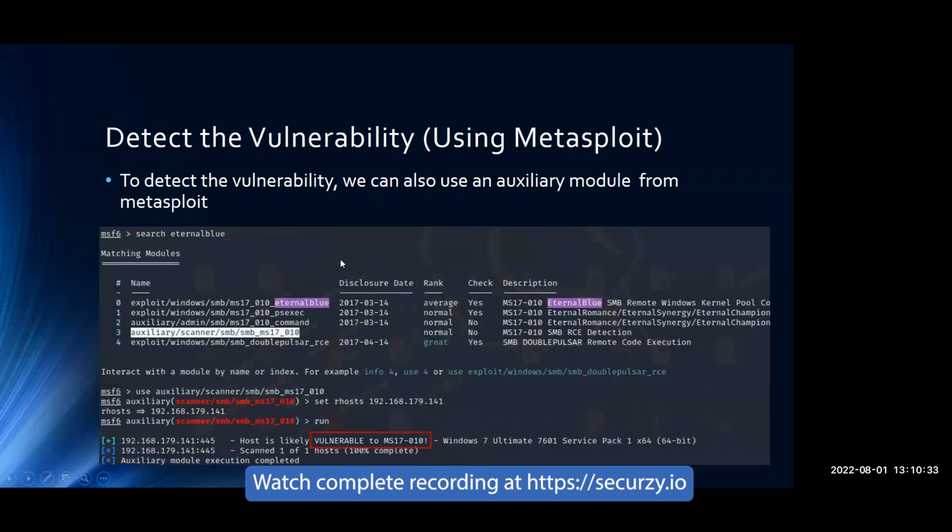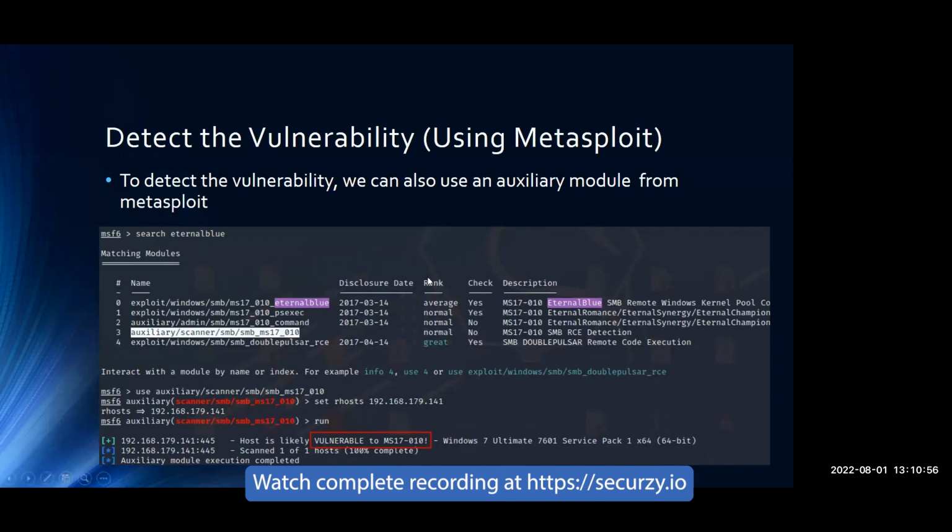We can also use Metasploit to detect whether a machine is vulnerable to EternalBlue or not. Metasploit is a framework that contains different exploits. You can use those exploits to gain access to any system or to gather information about a system.